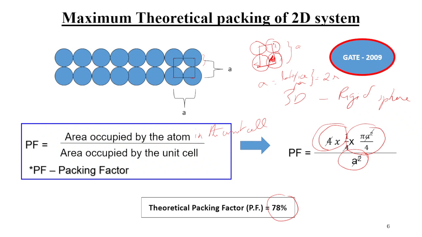Only a small part of it is covered, that is 1/4. There are 4 atoms here, and only 1/4 of each atom is available within the unit cell. Did I answer your doubt? Yes, sir. Okay.